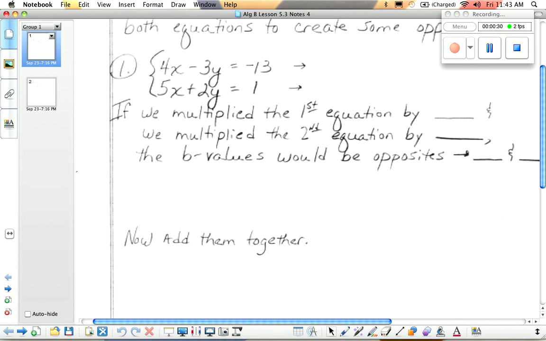Or if I had to multiply one of them by something to create opposite y's, it wouldn't necessarily be a very nice something. When I say nice, I mean an integer, because we try to not work with fractions, right? So let's first rename this, add the opposite, and then we'll start talking about what we can do to help us create opposites by renaming both equations.